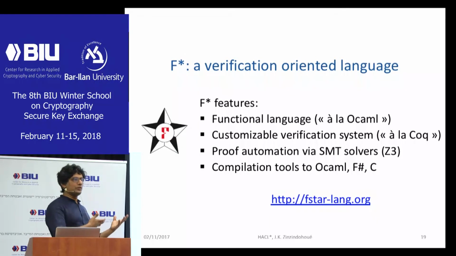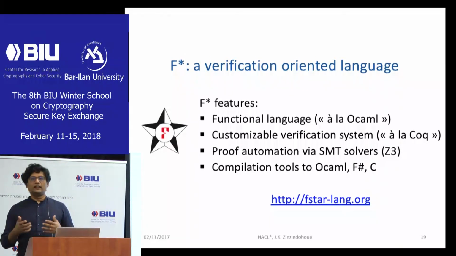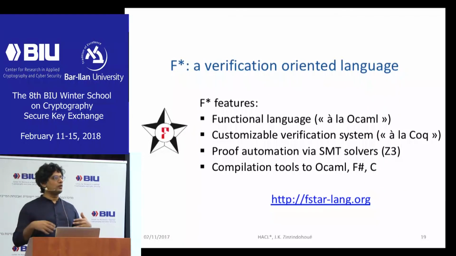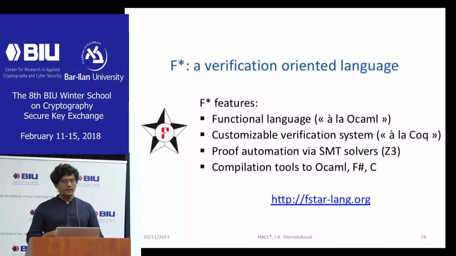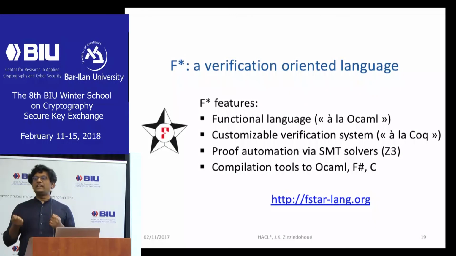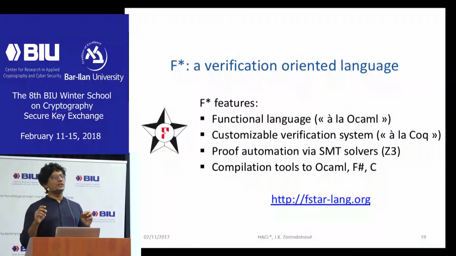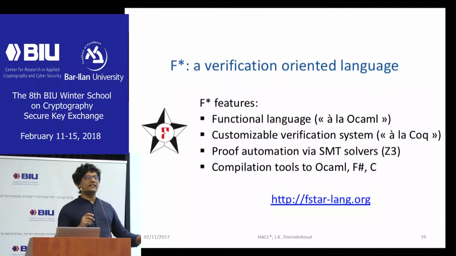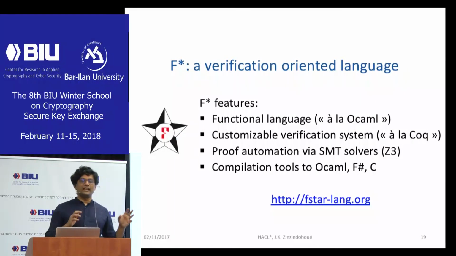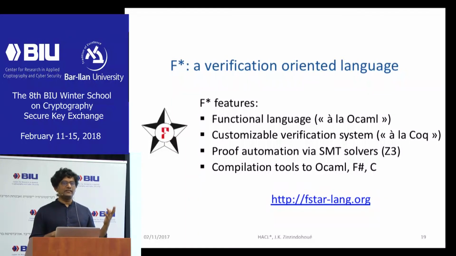So it's both a programming language and a verification system. And by a verification system, I mean something like Coq or Isabelle or this kind of thing. And one of the key features of F star is that most of the boring proofs, or hopefully most of the boring proofs, are automatically discharged by an SMT solver. And we use the Z3 SMT solver for it.